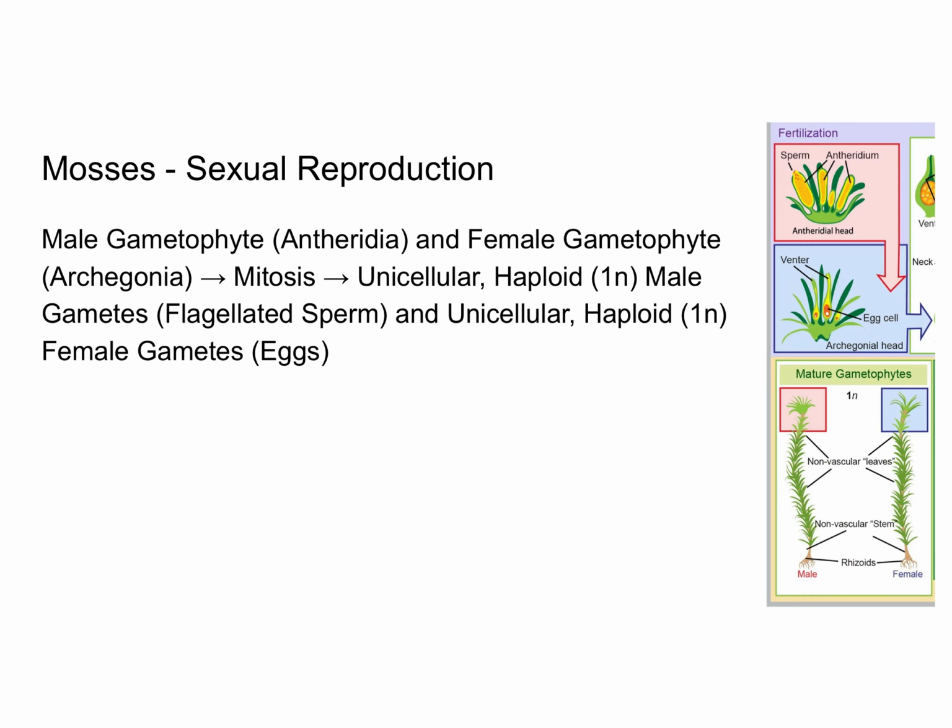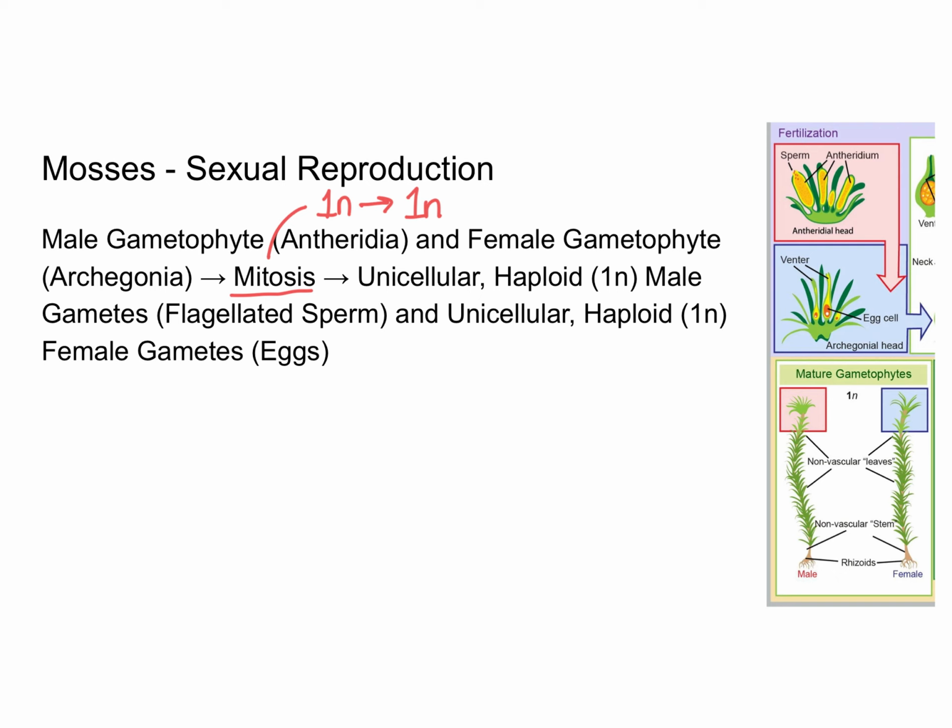The gametophytes that we talked about on the previous slide are then going to go through mitosis. Remember mitosis, we were starting out with haploid cells in this case, and so we're going to be producing more haploid cells.